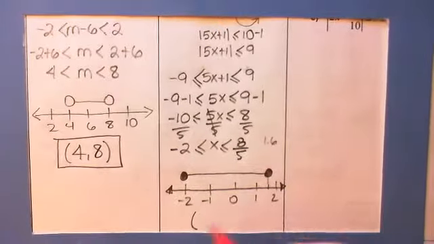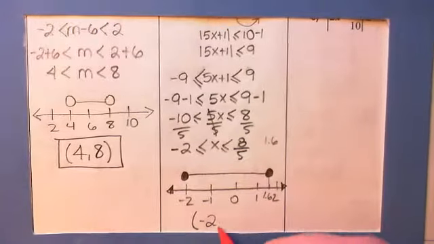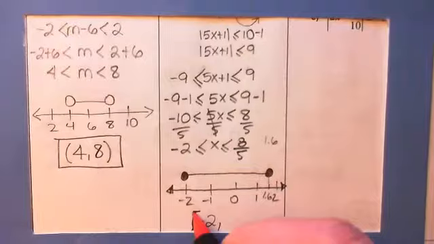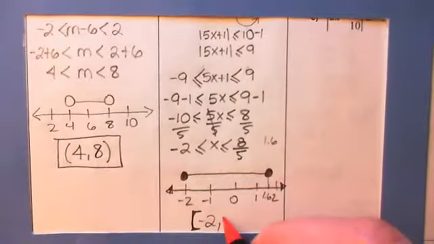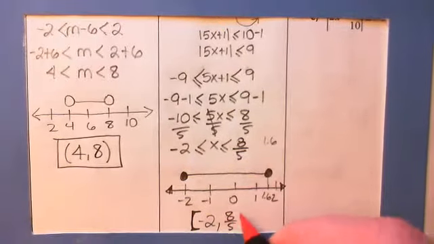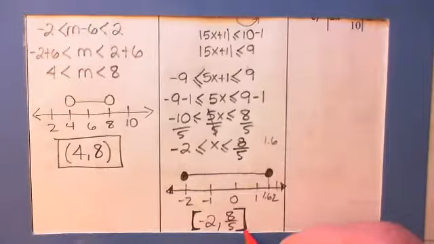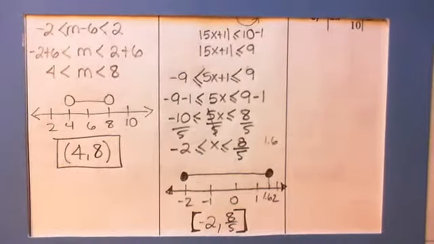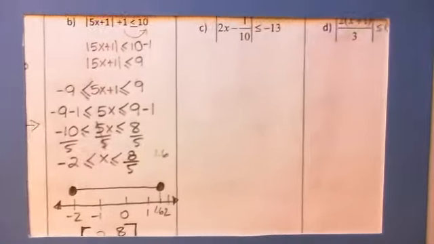So I can write my answer as starting at negative 2 and ending, I'm sorry, it's going to be a bracket, ending at 8 over 5. Okay, and that's it. Let's go on to the next one.